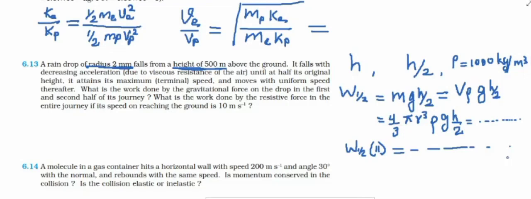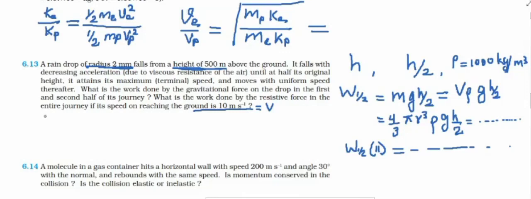Now see the second part of that question. What is the work done by the resistive force on the entire journey if its speed on reaching the ground is 10 meter per second? The final velocity v is given as 10 meter per second, and the initial velocity we can take as rest because it falls.